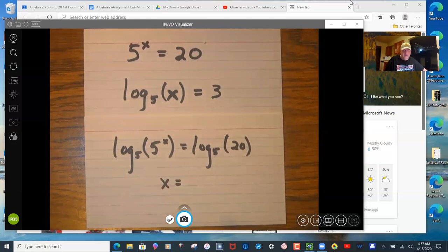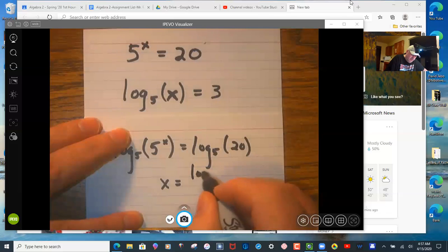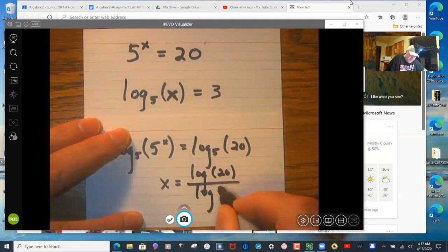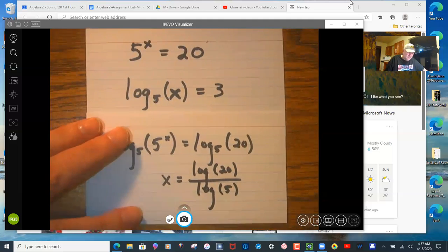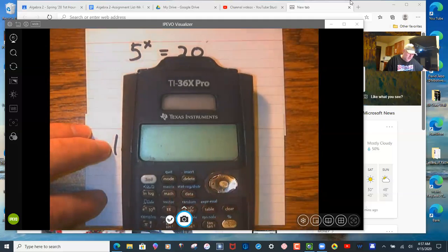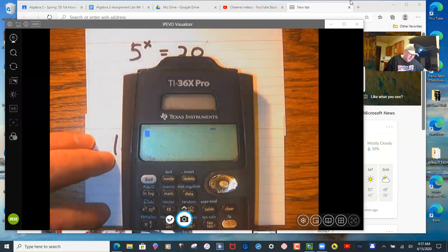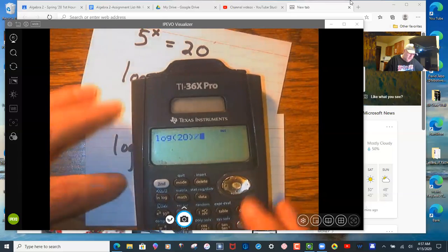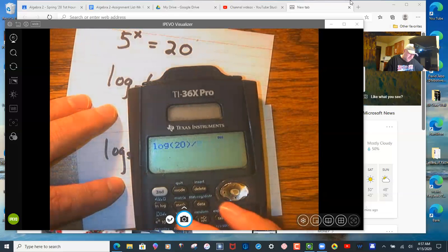I think it's really easy to do, even if you have a log base key. And whatever this would give you as a decimal. So just regular log, it is 20 over log of 5.